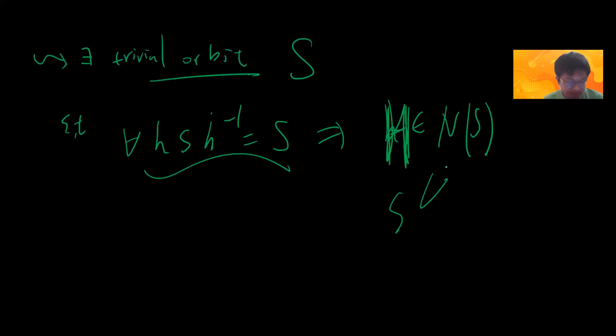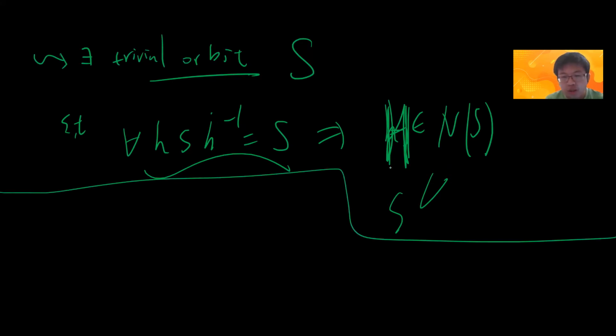Okay, so here comes the theorem that I think I proved in the counting formula. S is a normal subgroup of N of S, because we just proved that S is the only Sylow group, so it must be normal. So this is by number 5.